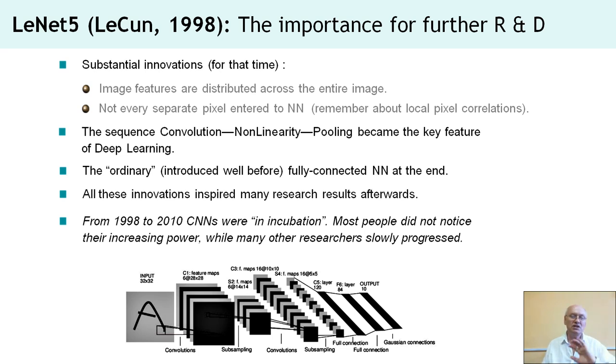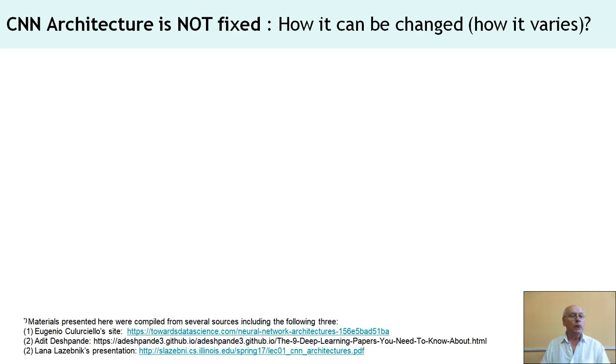We know this. We did it a long time ago, so it's not interesting for me." Really very few people recognized the novelty of this convolutional part of the neural network idea, and they slowly progressed in this field. During these 12 years, essentially almost nothing happened, until it just exploded in 2010 and afterwards. I would say 2012 even.